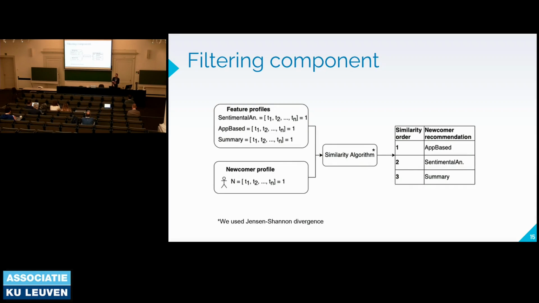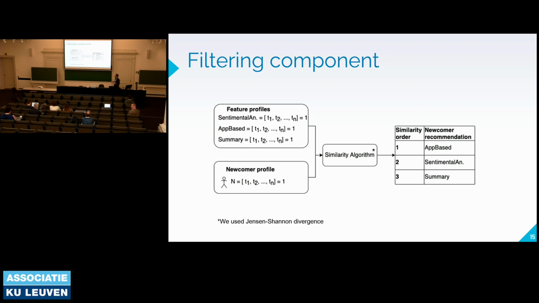And finally, the filtering component is in charge of exploiting those profiles that we have created during the content analyzer and the profile learner. And as I have mentioned, both of them are probability distributions.